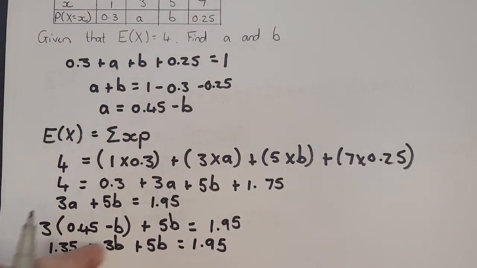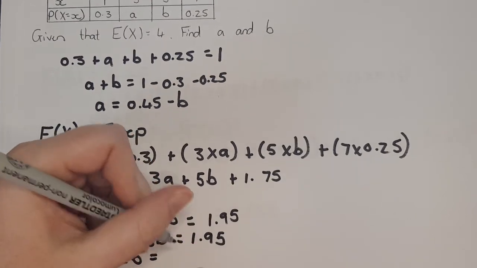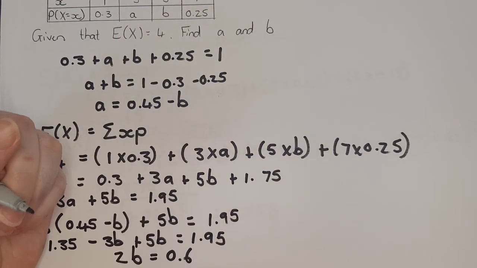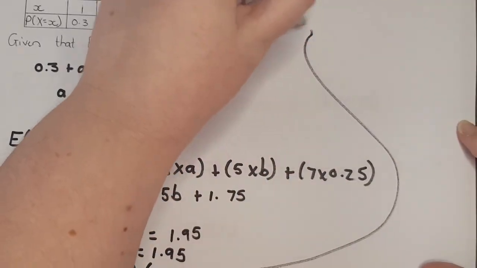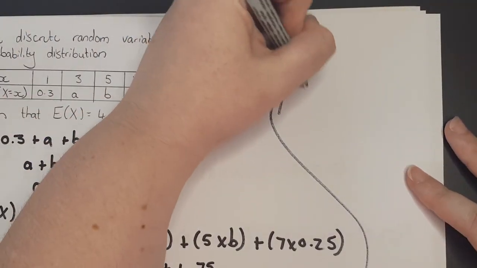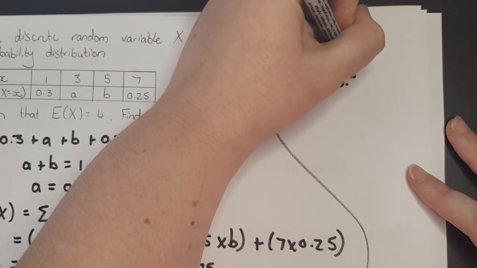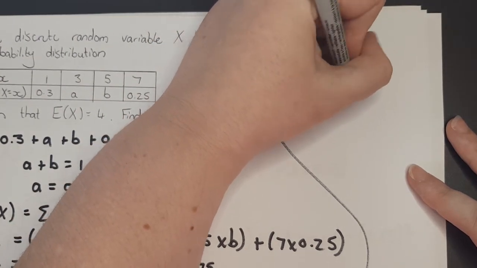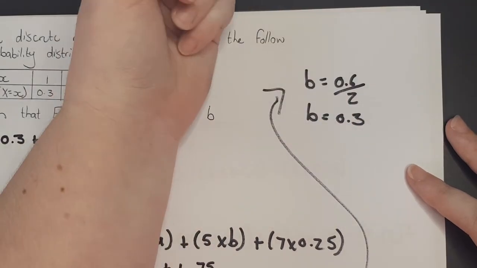If I take that to the other side, and I've got minus 3B plus 5B, that leaves me with 2B equals 0.6. Then that means B equals 0.6 divided by 2, so B equals 0.3.